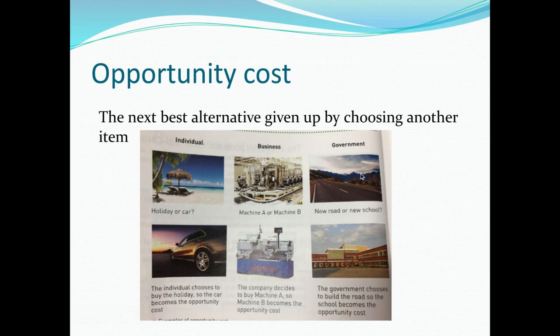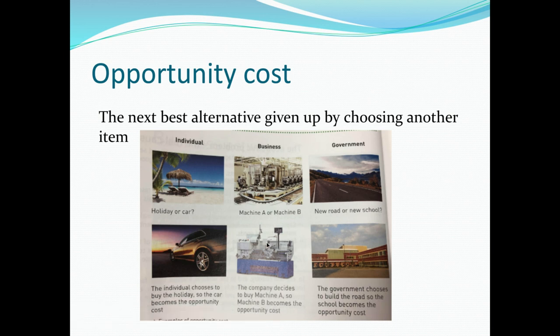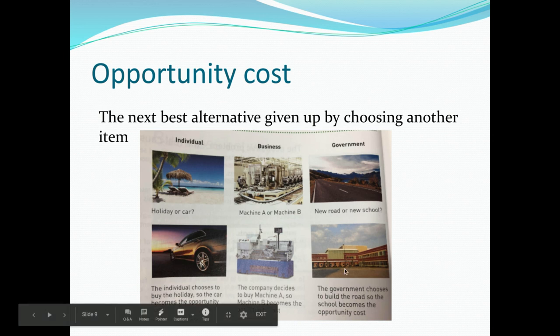What is the plan? A new road or a new school? What will the government prioritize? Is it better to build a new road or a new school? If the government chooses to build this road, then this school becomes the opportunity cost. All the three items here below are the ones not chosen. So they are the opportunity cost.